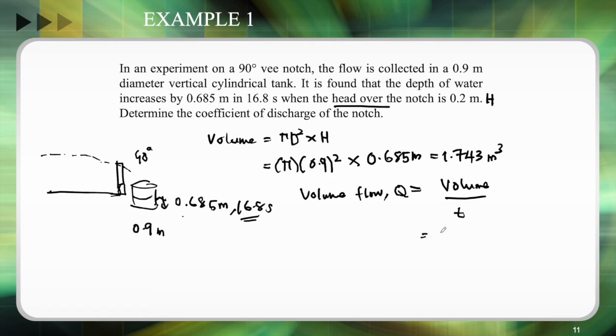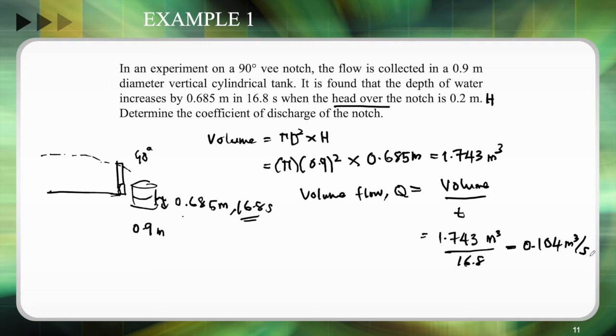So 1.743 cubic meters divided by 16.8 gives a volume flow rate of 0.104 cubic meters per second. That is the volumetric flow rate or discharge.